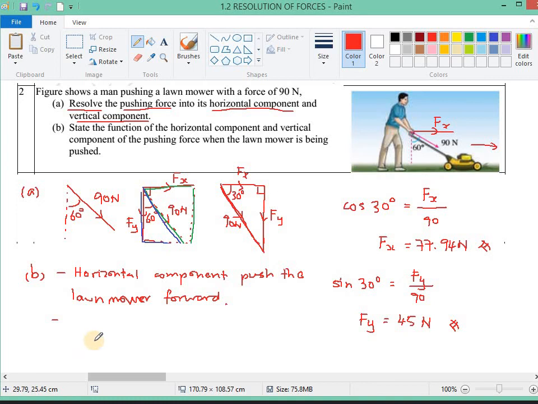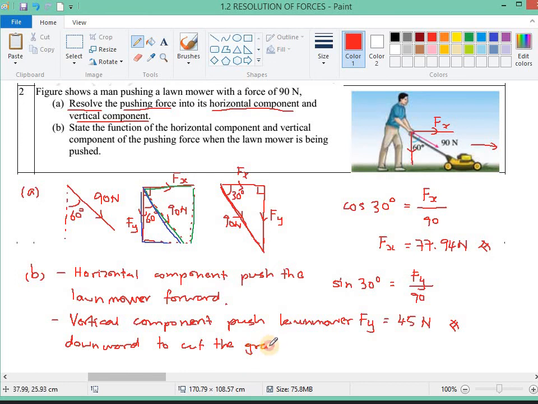And then the vertical component. The function of the vertical component is to push the lawnmower downward to cut the grass effectively.